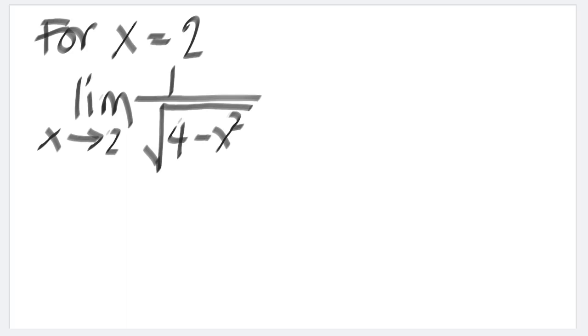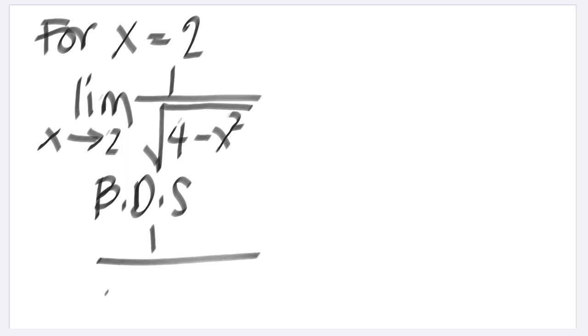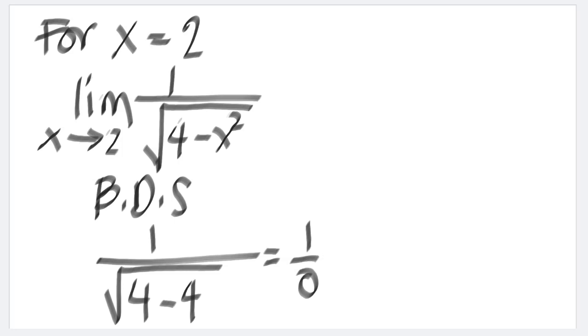and that is equal to, by direct substitution again, you will get what? 1 over the square root of 4 minus 2 squared, that is 4, and that would be equal to 1 over 0. According to calculus, this is infinity.